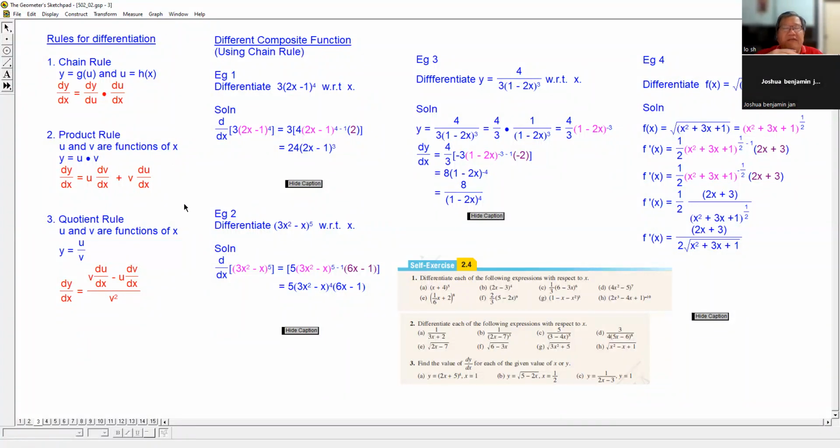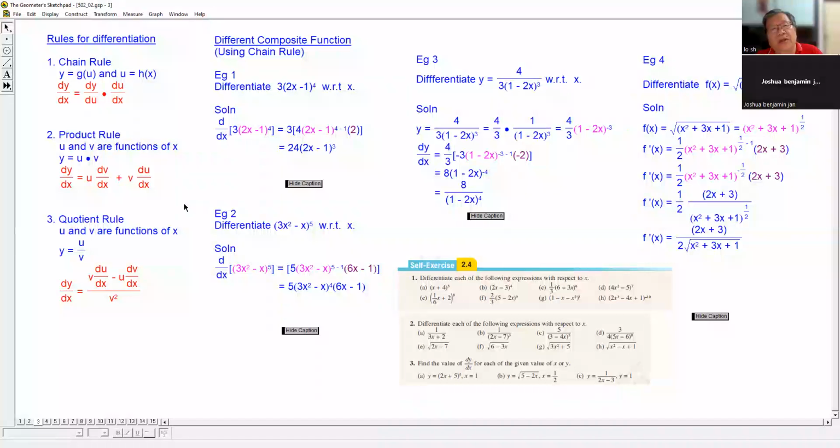Quotient rule, you have to differentiate 2, one at the top, one at the bottom, where you cannot cancel. Cannot cancel. So you have to use the quotient rule. So these are the 3 rules for differentiation.